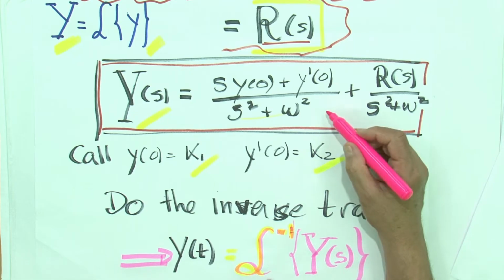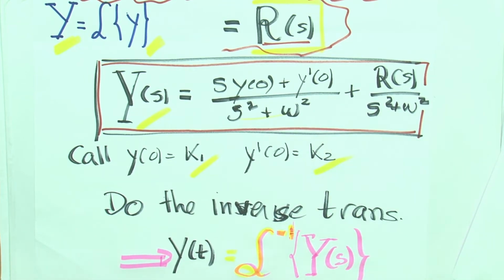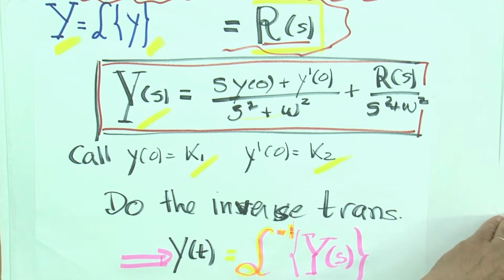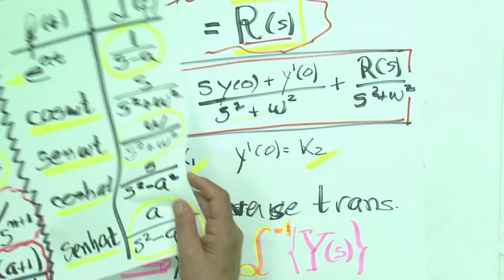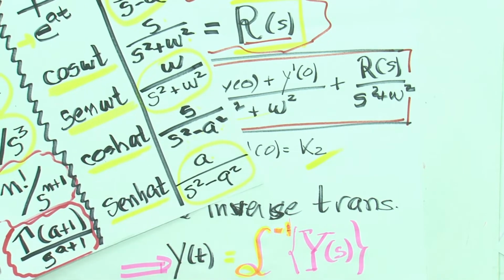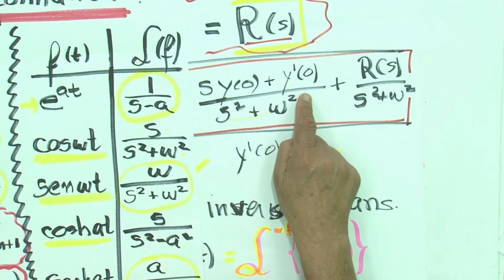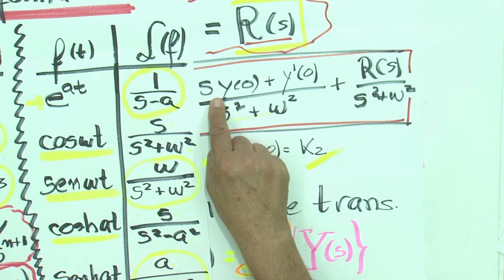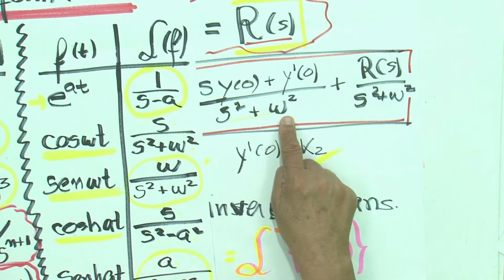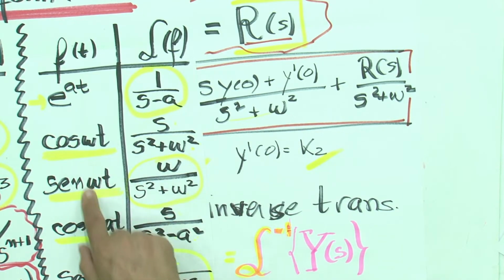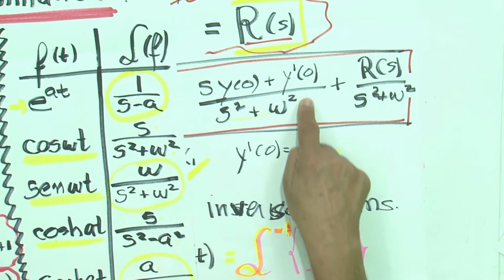Normally, by looking at this expression, you are able, by comparison with a table of Laplace transforms, to identify the terms. So if I look here, I have s divided by s squared plus omega squared. So you see that probably is a cosine here.